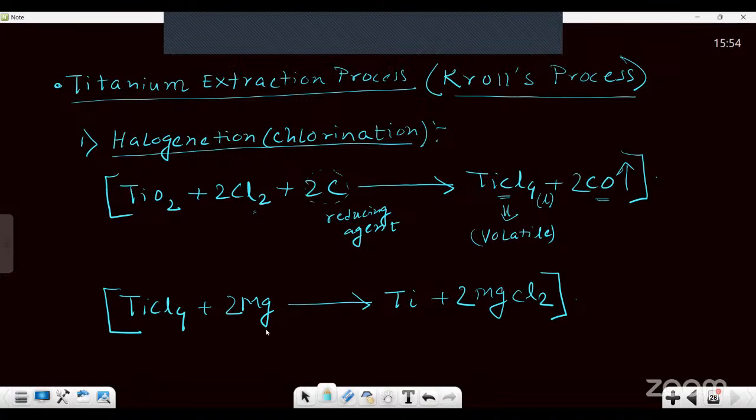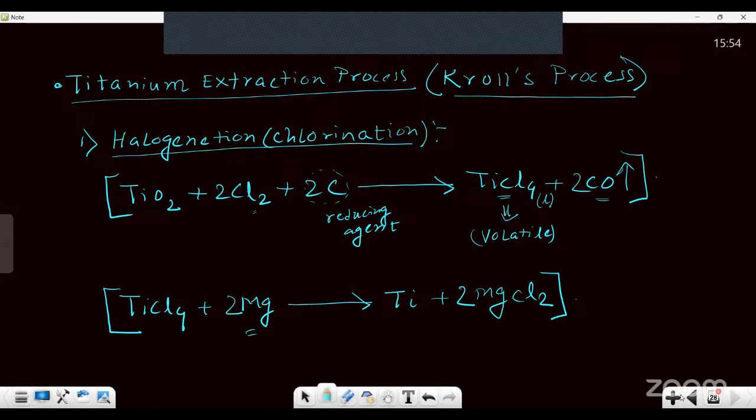Why Mg? Because magnesium has a stronger affinity for chlorine compared to titanium. From Ellingham logic, the MgCl2 line is below the TiCl4 line. Though in the Ellingham diagram we basically use metal oxides, similarly for metal chlorides you can draw a similar diagram, and obviously the MgCl2 line is going to be lower compared to the TiCl4 line.